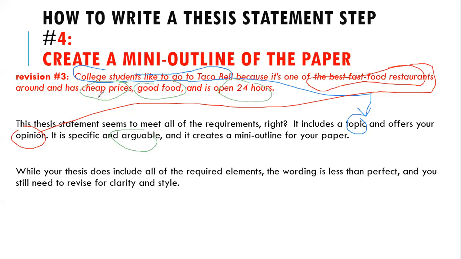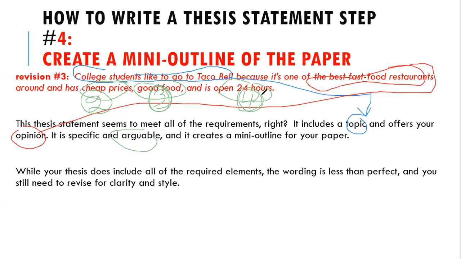Now, cheap prices we will go through and detail and describe and explain in paragraph number 2. Paragraph number 3, we will explain, justify, detail, give examples of good food. And in paragraph number 4, we will present our argument of it's open 24 hours.